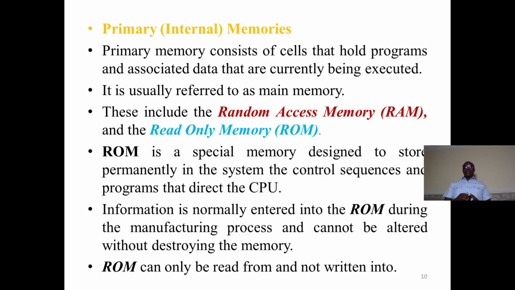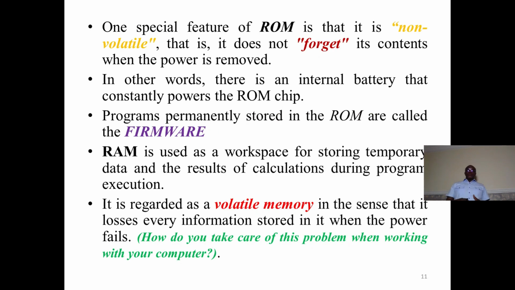Information is normally entered into the ROM during the manufacturing process and cannot be altered without destroying the memory. ROM can only be read from and not written into. That is why it is called read-only memory.